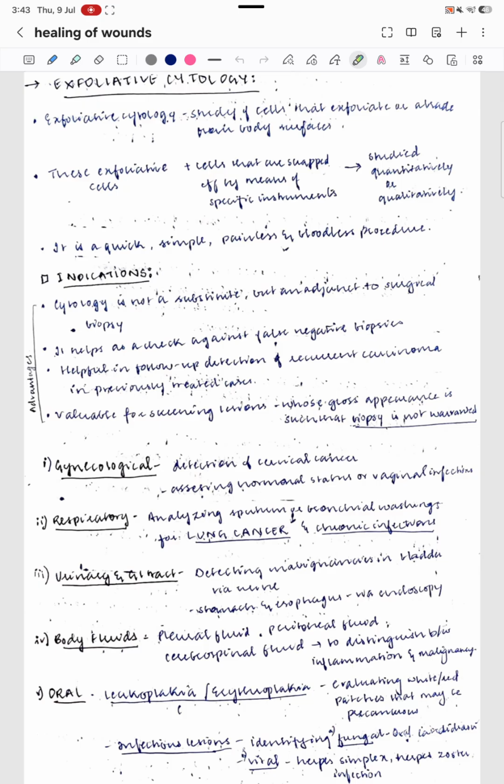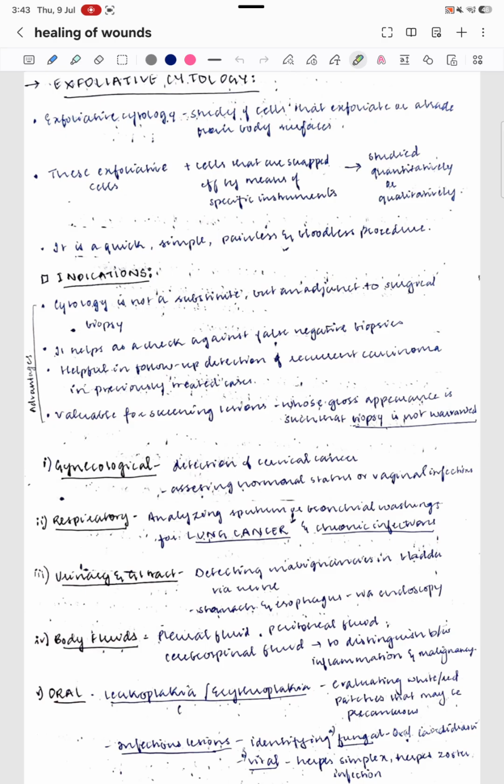For the identification of leukoplakia, you take a paper or a sheet and place it under the wound where the leukoplakia has occurred, and then you take an instrument and scrape. The cells or the exfoliations that fall are studied and taken as a diagnostic tool.